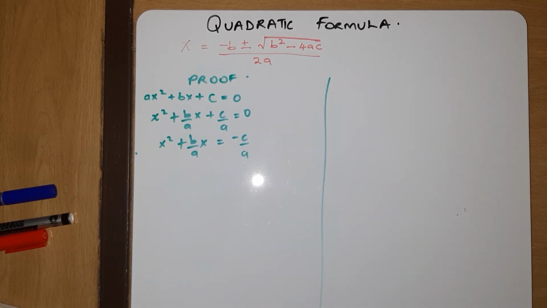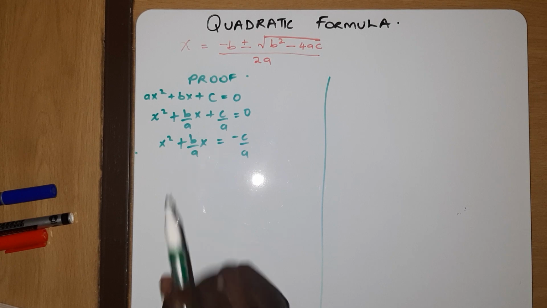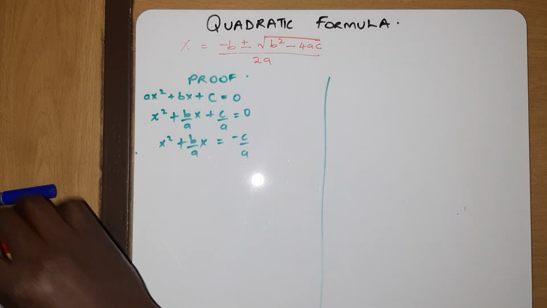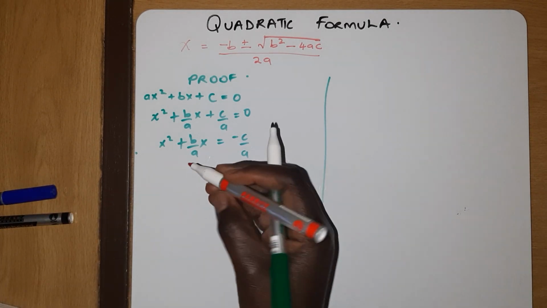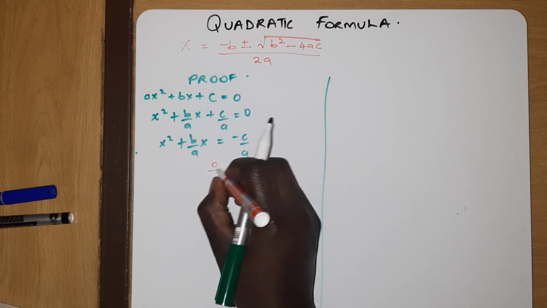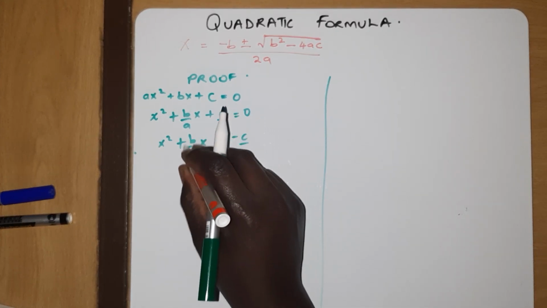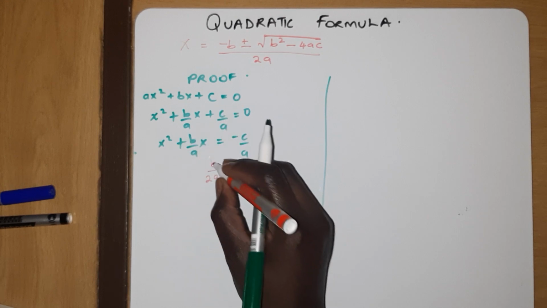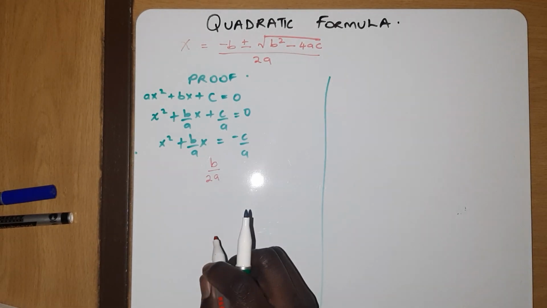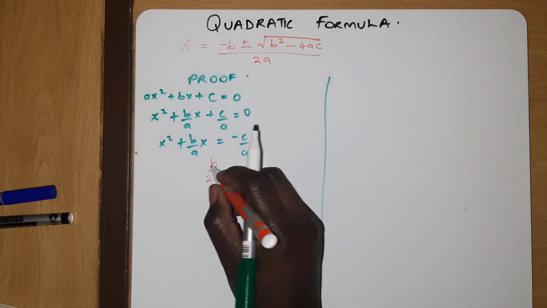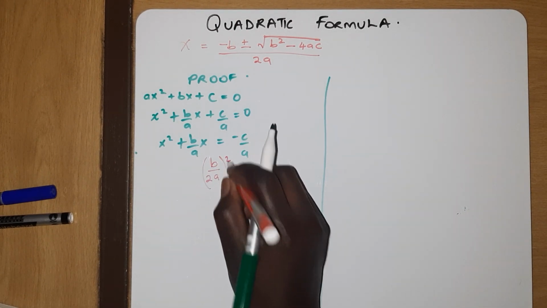In that way, we are not changing the value of the equation. Remember, we divide the coefficient by 2 and square. So b over a divided by 2 is b over 2a, squared.